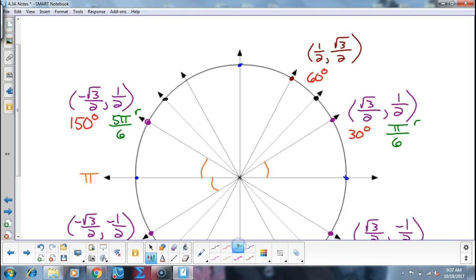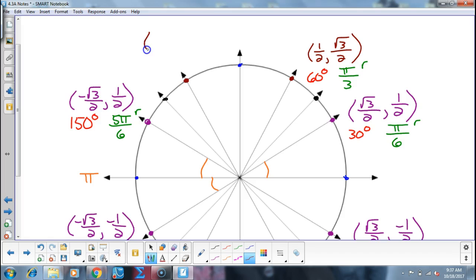In terms of radians, 60 degrees is pi over 3. Transfer that knowledge over to this point.